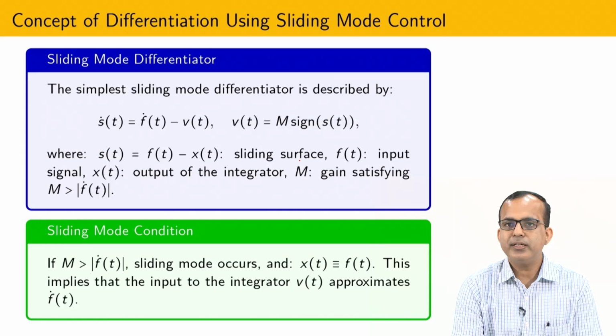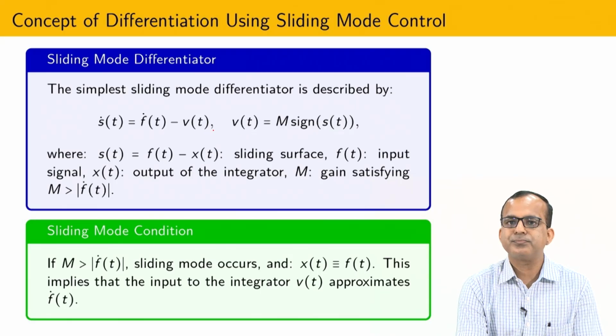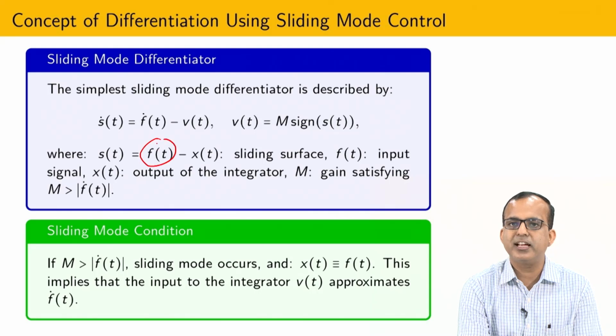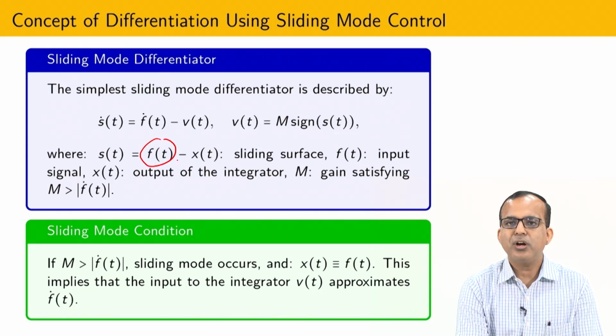Now here you can see the idea of Professor Utkin. Suppose you have to calculate the derivative of this signal ft. You can generate some kind of sliding mode control by defining st equal to ft minus xt, and taking the derivative.